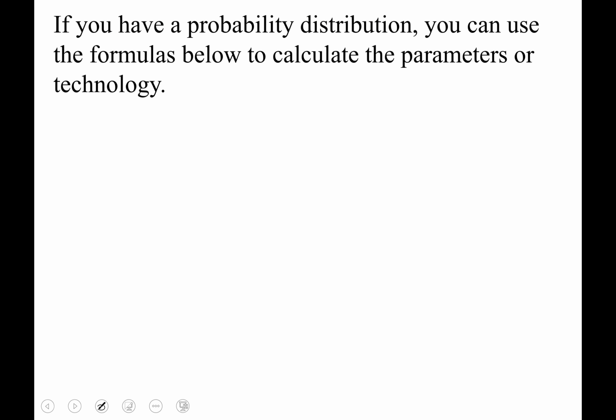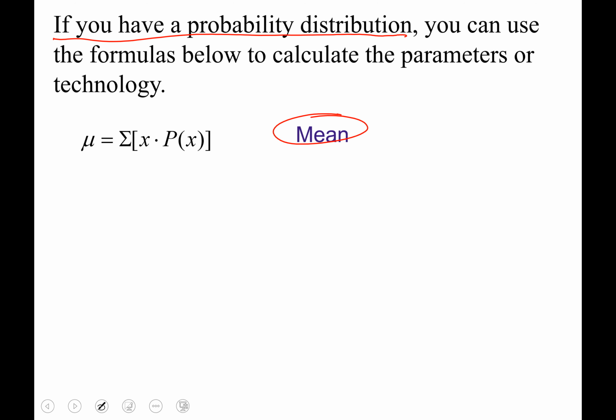Okay. All right. If you, in fact, have a probability distribution, so that means it meets those 3 requirements, then you can use the formulas below to calculate the parameters, or you can use technology. If you're being asked to find the mean of a probability distribution, you can use that formula there. I'm going to direct you toward using technology.